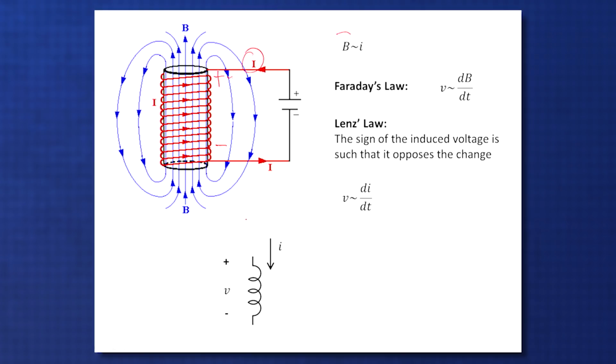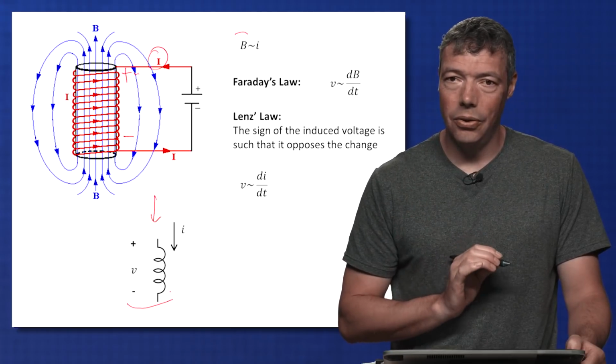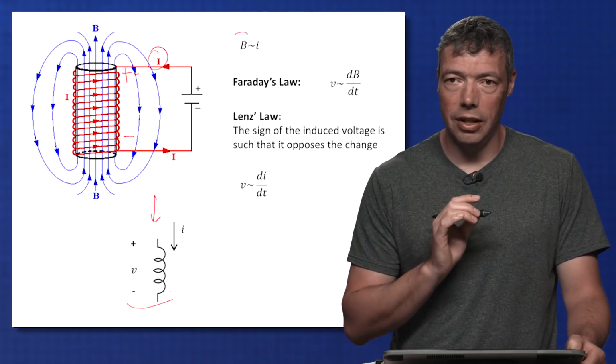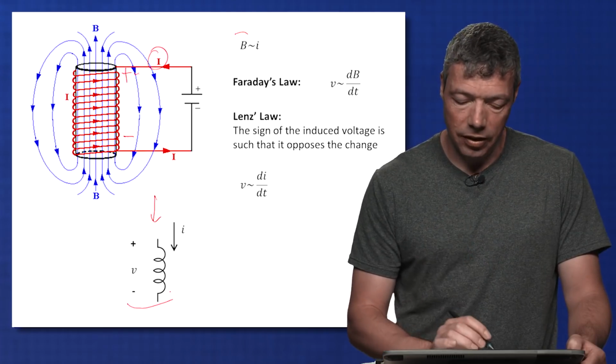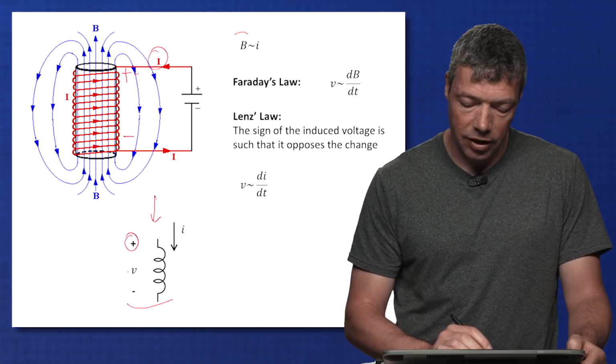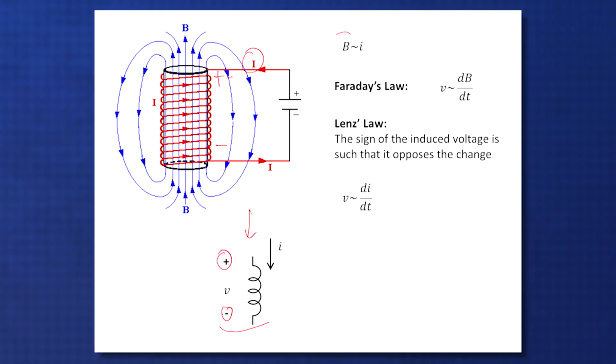And this is the symbol we're using for an ideal inductor. We're again using the passive sign convention. The induced voltage is proportional to the change in current because of Faraday's law, and the sign of the voltage here is because of Lenz's law. If I look at the proportionality factor, I call this L the inductance of my inductor.